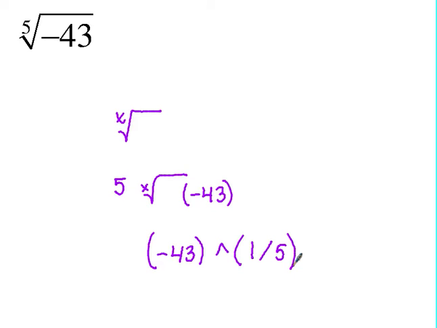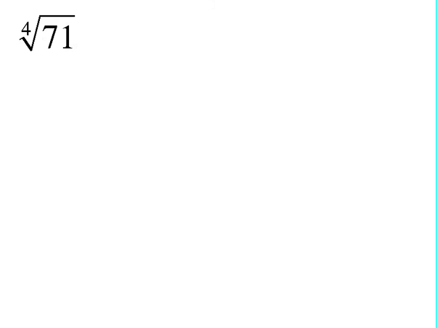So with that thought in mind, that should help you with this one, the fourth root of 71. Go ahead and enter that in. Shouldn't take you that long. Then enter your answer in on your expression.